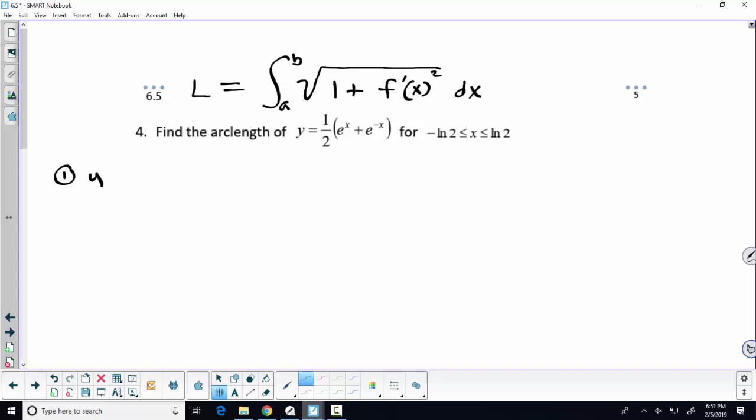But our first step is we find y prime, because we have to square that, then add 1 to it, then take the square root. So y prime equals what? Yeah. 1/2 derivative of e to the x, derivative of e to the negative x, negative e to the negative x.